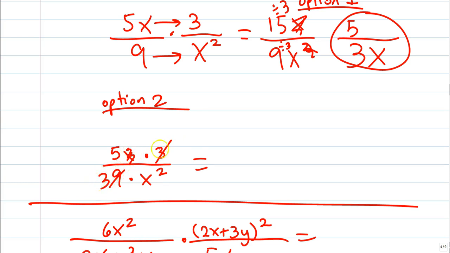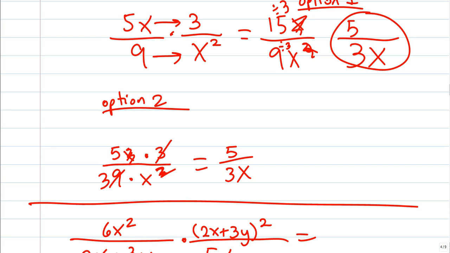I cancel out one of the x's with one of the x's. What am I left with on top? 5 over, and on the bottom a 3 and an x. That's a lot more to keep track of, and there's actually a lot more potential mistakes, but that is an option. We can, rather than multiply them together, just treat them as one whole fraction and then kind of cross-cancel across the entire fraction.